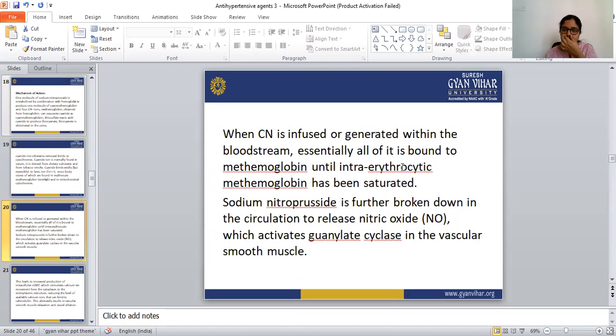This release of nitric oxide activates guanylate cyclase in the vascular smooth muscle.